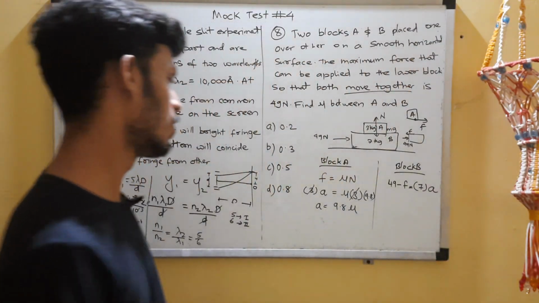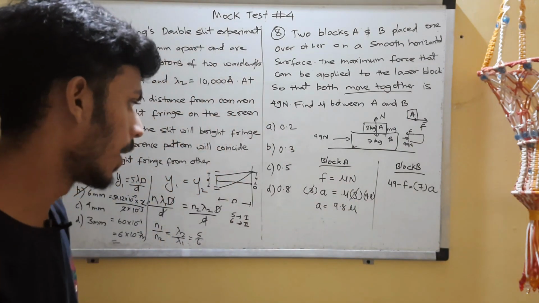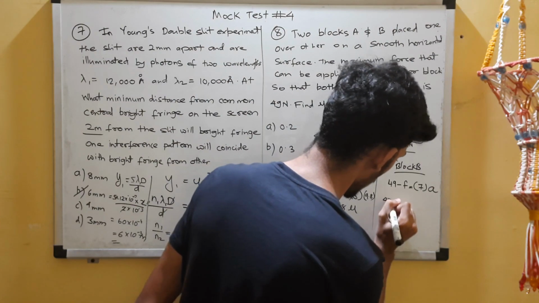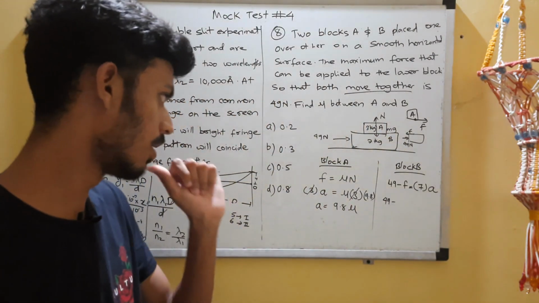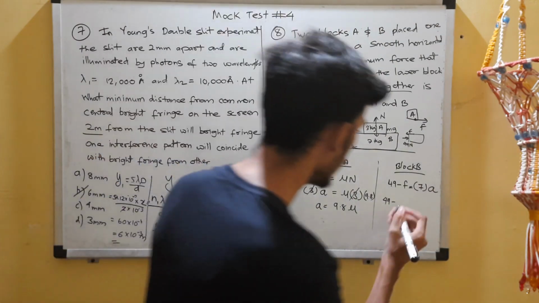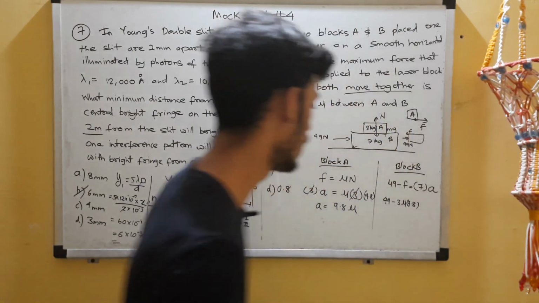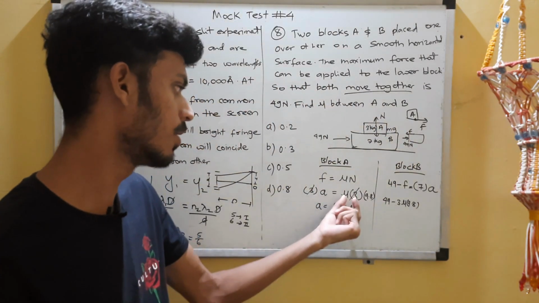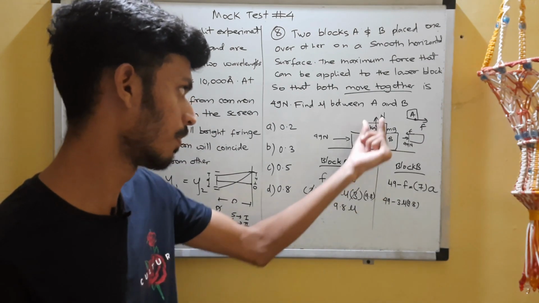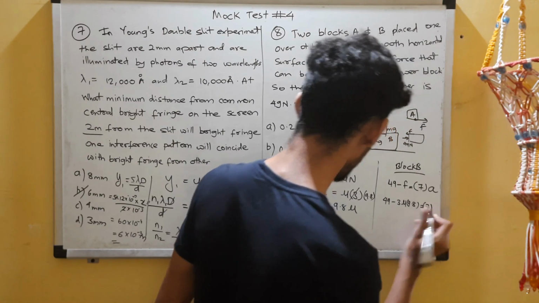Now, the frictional force, we could have directly substituted it from here, but let us solve it this way. So 49 minus the frictional force, which is 3 mu into 9.8, since mu into N is mu into mg, equals 7 times a.